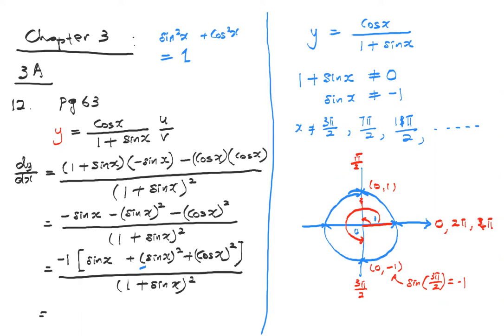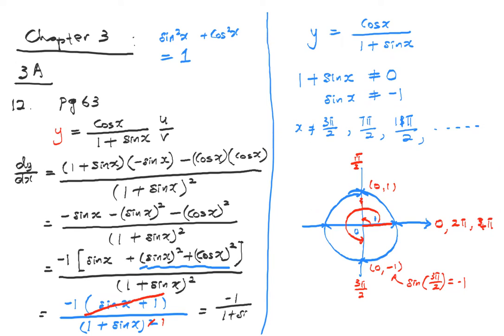So we replace this whole thing by 1. So we have negative 1 multiplied by sin x plus 1, divided by 1 plus sin x, the whole thing squared. So this can be simplified. The power here becomes 1. So we end up with dy dx equal to negative 1 divided by 1 plus sin x.